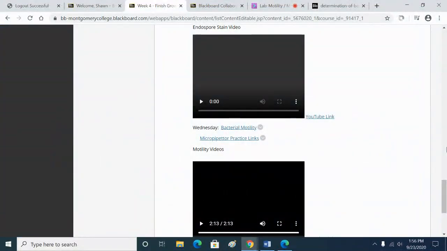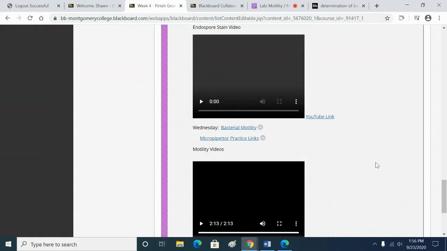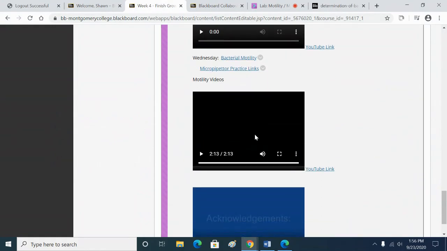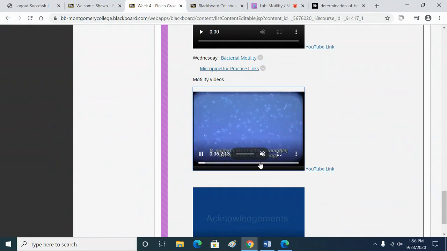So any questions about the wet mounts or what motile bacteria look like? No? To point out that in the first one, we were looking at a phase contrast image for some of these, which is why it looks different.